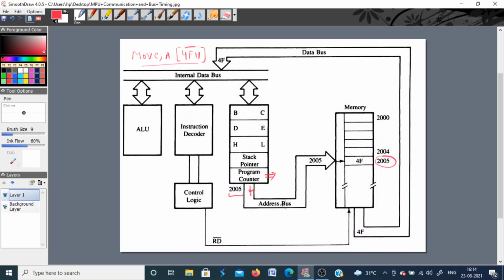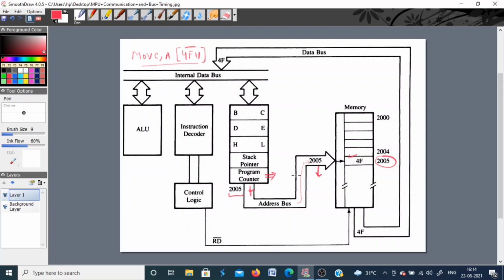So this address bus now carries the address of the memory location, and this memory location gets identified. Once it is identified, the contents of the program counter will be incremented by 1 automatically, so that it points to the next memory location.